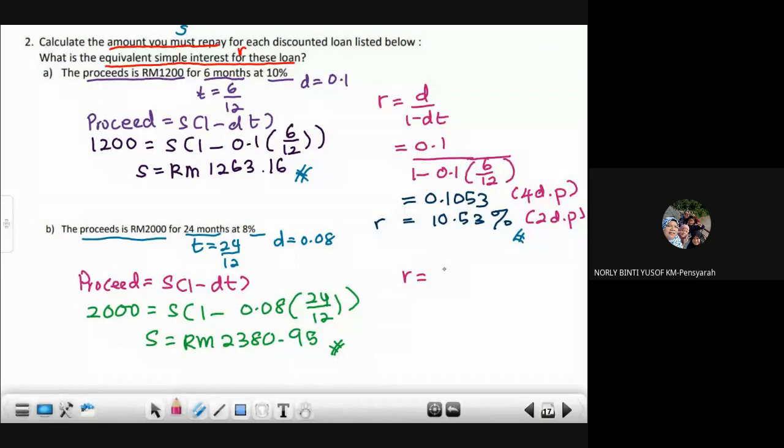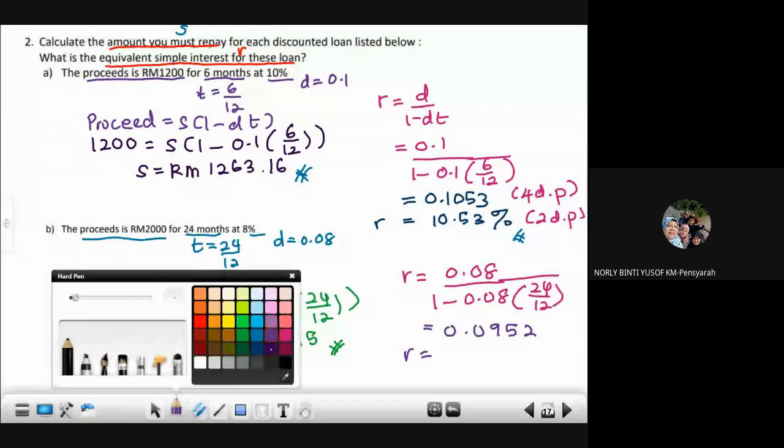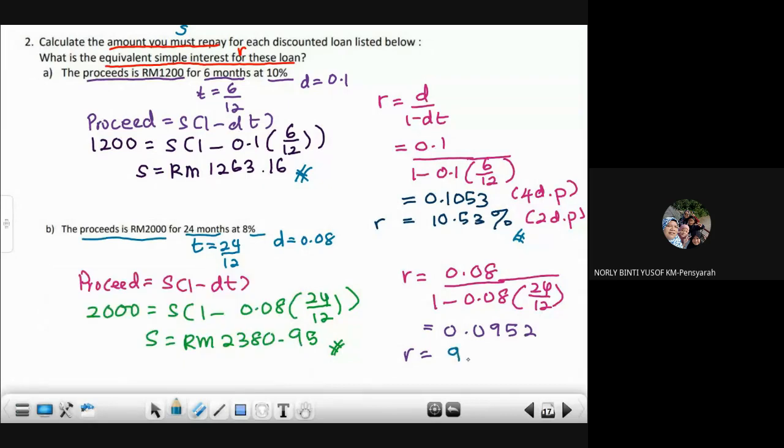So cari R sama, you punya rate adalah 0.08 bahagi 1 tolak 0.08 kali 24/12. So you akan dapat nilai dia 0.0952 dalam 4 decimal places lah. So that your R percentage you akan jadi 9.52%.